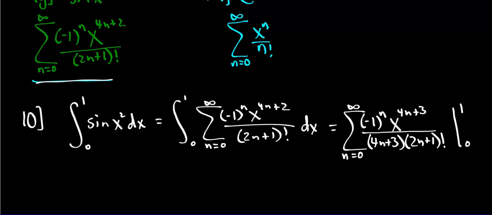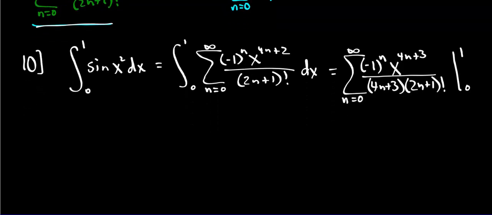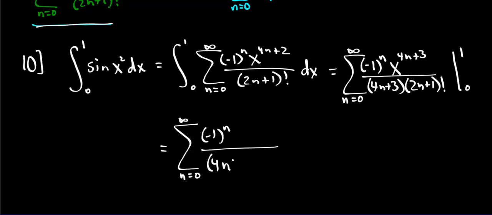Now let me use the fundamental theorem of calculus: plug in the 1, subtract, plug in the 0. When I plug in the 0, this whole thing is 0. So really, what we're looking at is the sum for n from 0 to infinity of negative 1 to the n over 4n plus 3 times 2n plus 1 factorial.